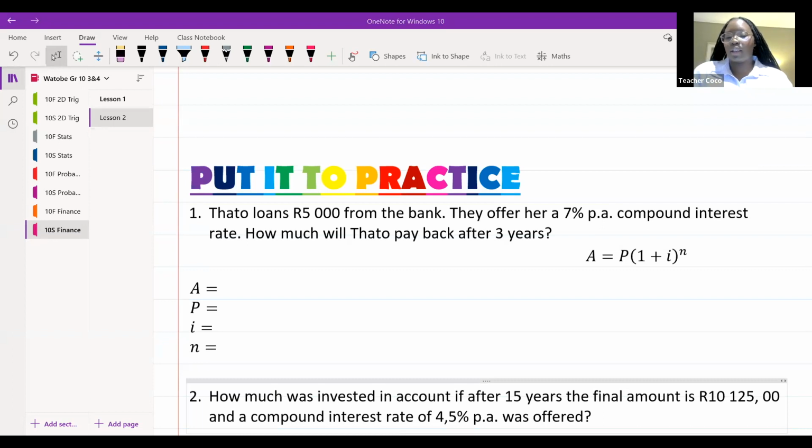Say that again. The what is the same as compound? Inflation means the same thing as compound. Yes, it does. Let's think about this, Tiana. If bread costs 7 Rand, well, when I was your age, bread used to cost 7 Rand.